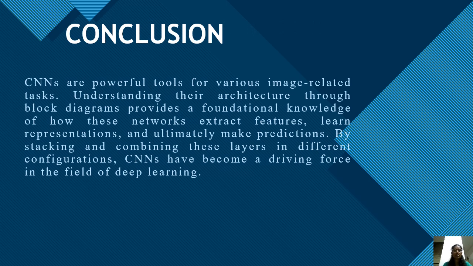Conclusion of convolutional neural networks. CNN is one of the powerful tools in various image-related tasks like image recognition or image segmentation. Understanding this architecture through a block diagram provides us a foundational knowledge, and also teaches us how networks extract features, learn representations, and finally make predictions.